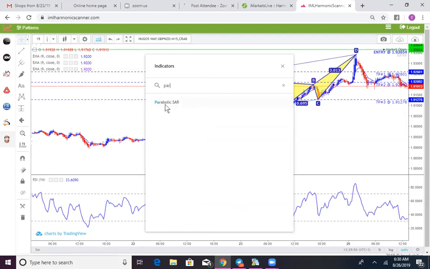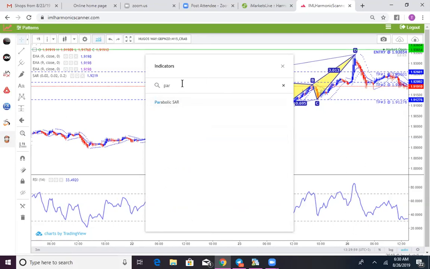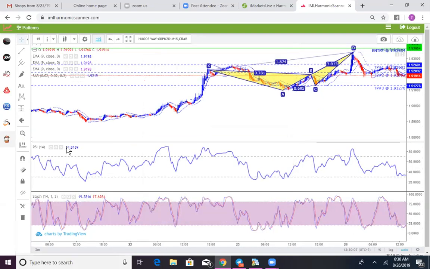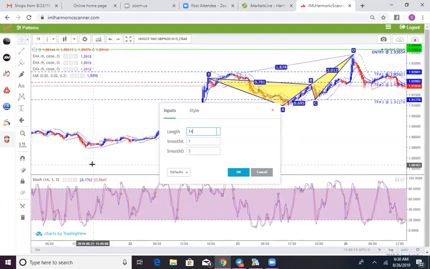Parabolic support and resistance and stochastic. Remove the RSI. 14.3.